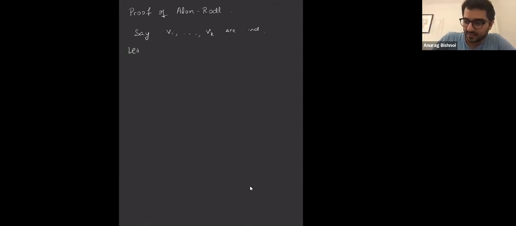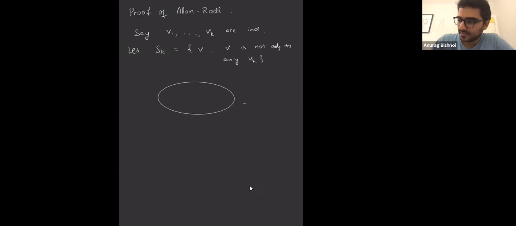We let S_k be all possible choices of vertices v such that v is not adjacent to any v_i. This will be all possible choices at the kth step, when you want to pick the k plus 1 step.